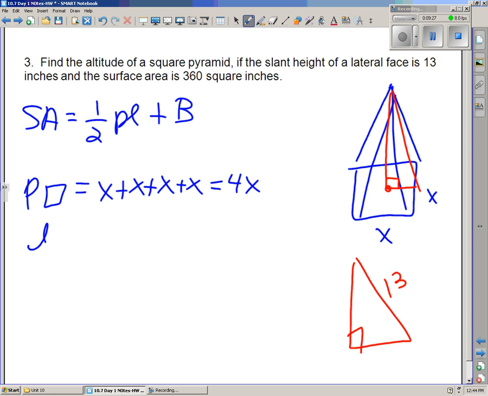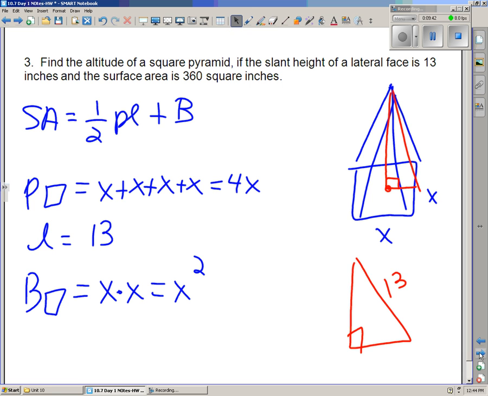The slant height in this case we happen to know, which is 13. The area of the base is a square, which is base times height, which is x squared. I don't even have to draw this picture in here because it's not necessary, so I'm going to get rid of this. And now we're going to plug all these things in.